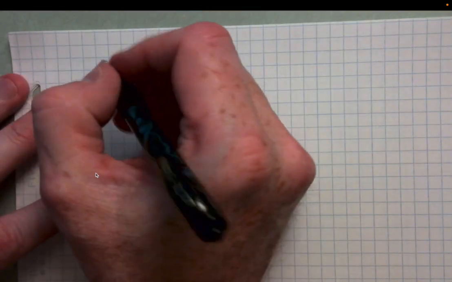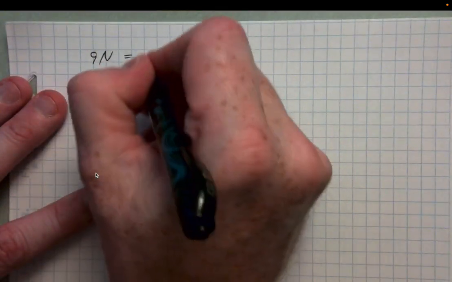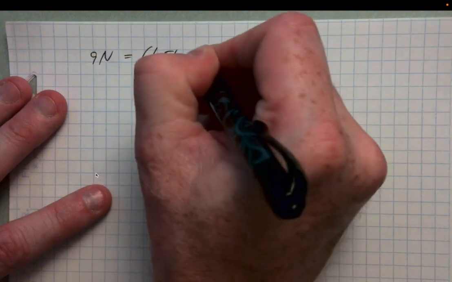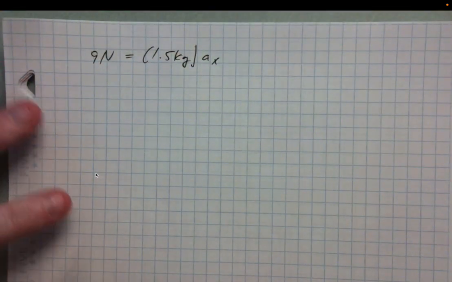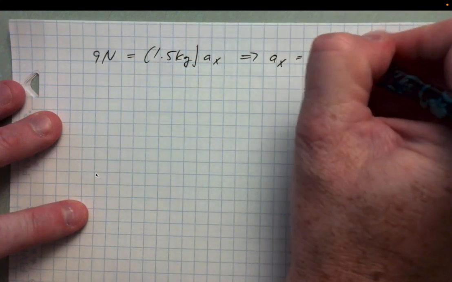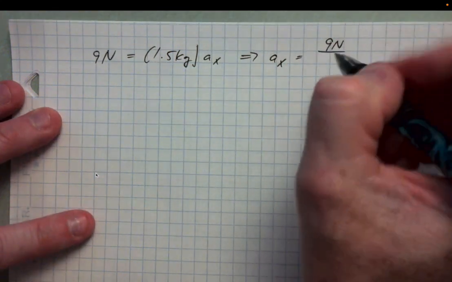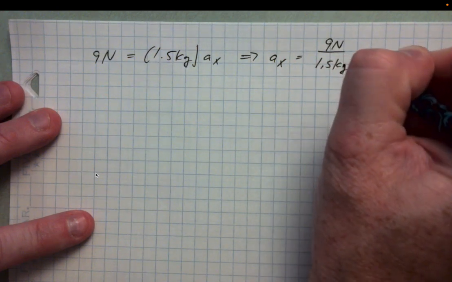Okay. And then we can solve this. And so what do we have? We've got 9 newtons equals, and we can bring them both to the same side, and we get 1.5 kilograms times a sub x. Right, and so the acceleration in the x direction must be equal to 9 newtons divided by the mass of the whole system, 1.5 kilograms.